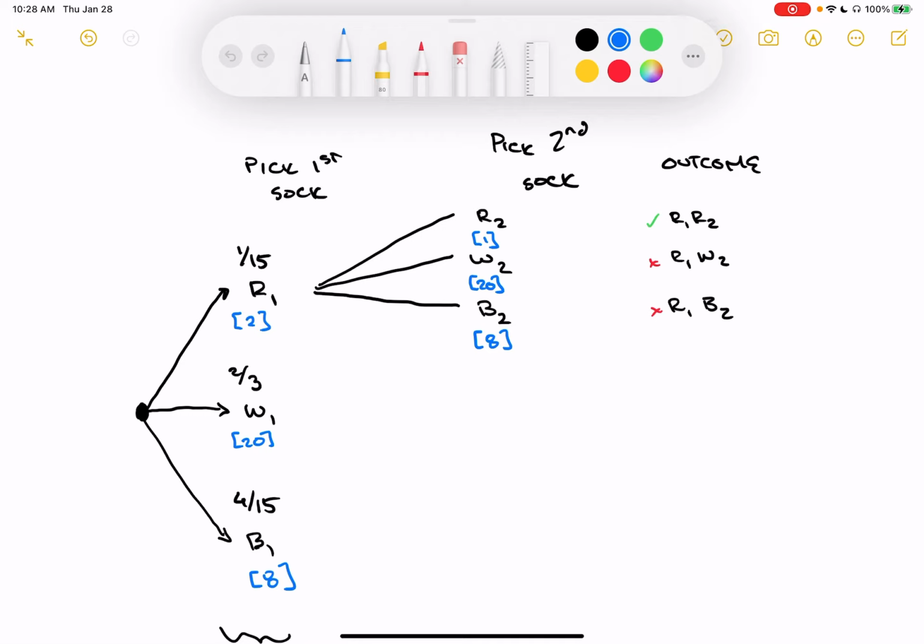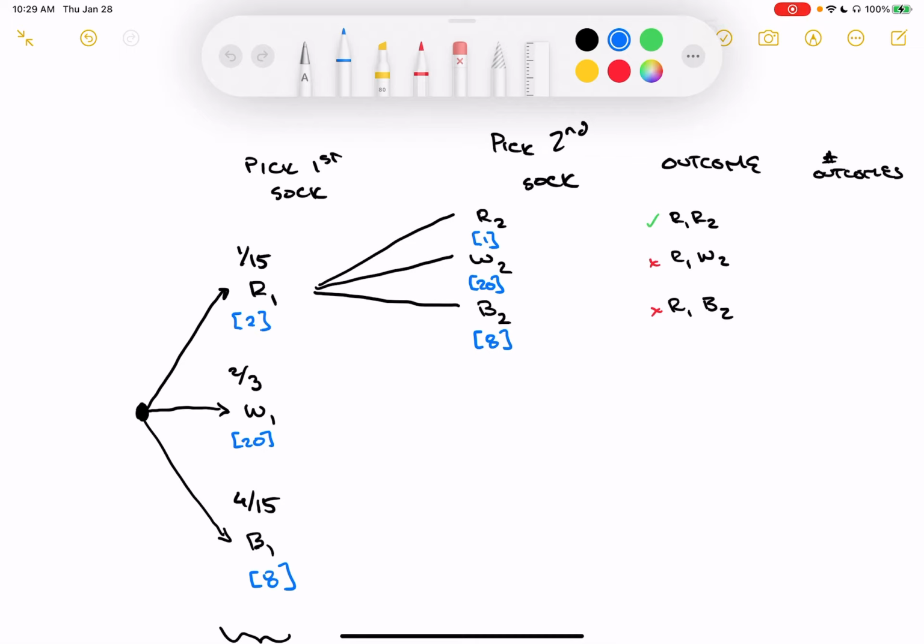So if I wanted to count this up, how many ways could I have gotten that number of outcomes? It's just going to be a product of the number of outcomes along those paths. In this first case, there are 2 ways to get that red sock first, and only 1 way to get the second red sock.